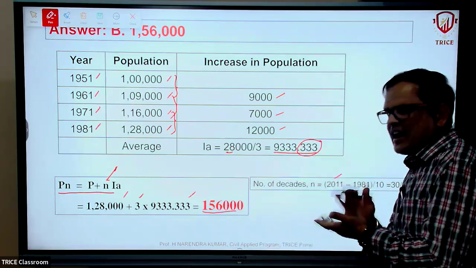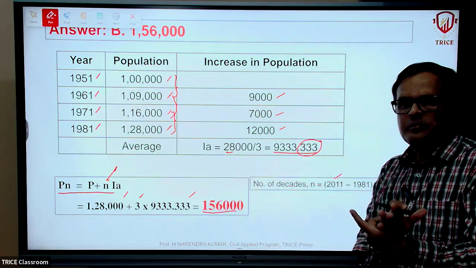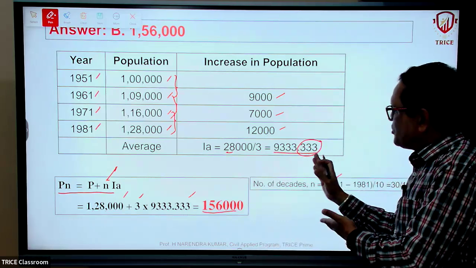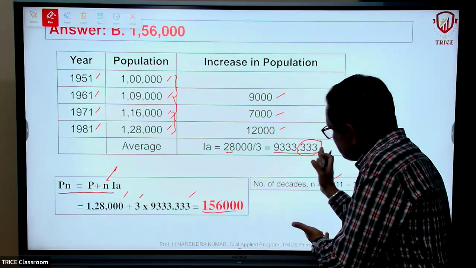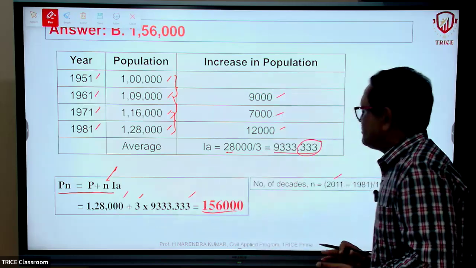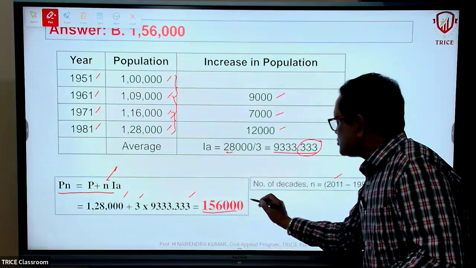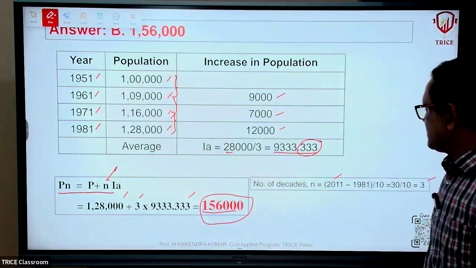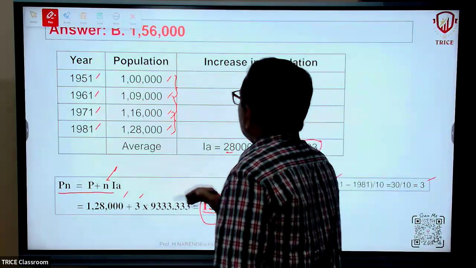Is there any person with half body or 0.25 body? No. But in the mathematical calculation, we extract the value with the decimal system also, and we calculate the final value, which should be a whole number. That is the concept. So the answer is B, 1,56,000.